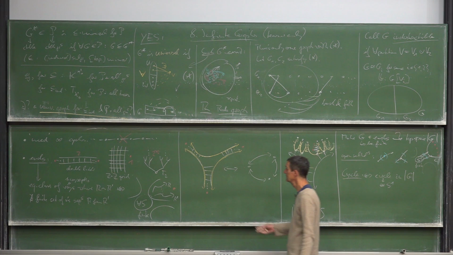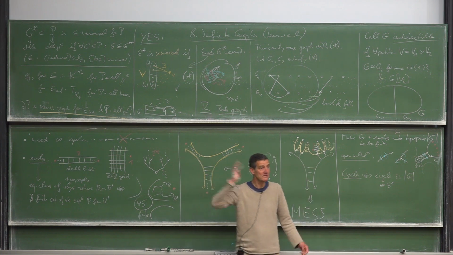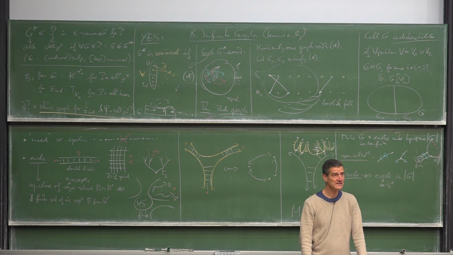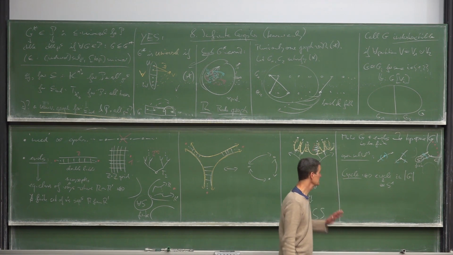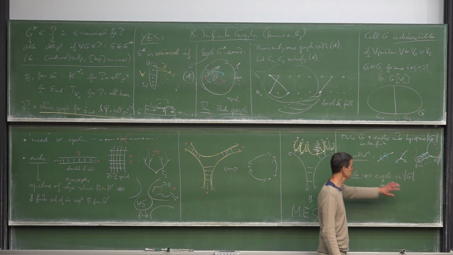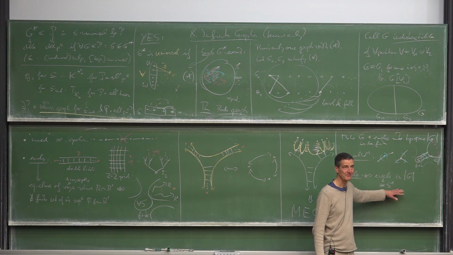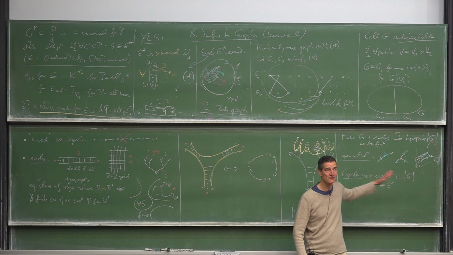But I haven't yet, even to this day, found a reasonable statement about cycles in finite graphs whose version for locally finite graphs in this setup is false. There are many statements that we can't prove, but there's no counterexample. So the meta theorem is that this is just the right definition.